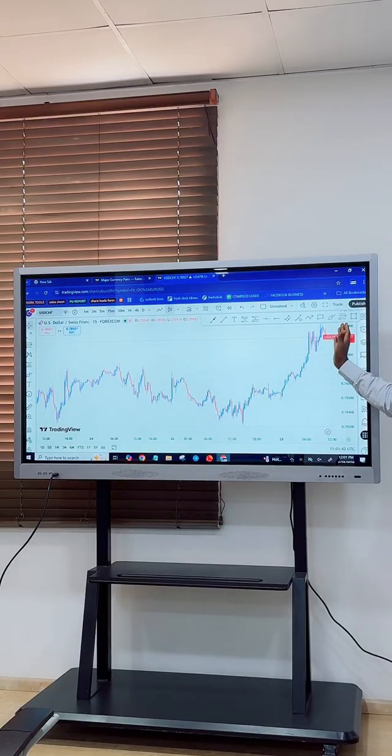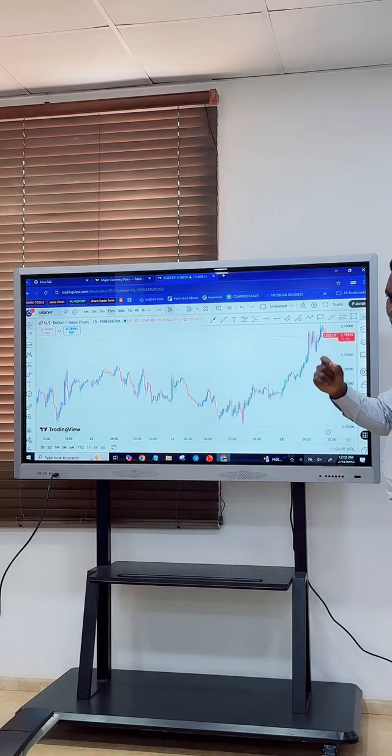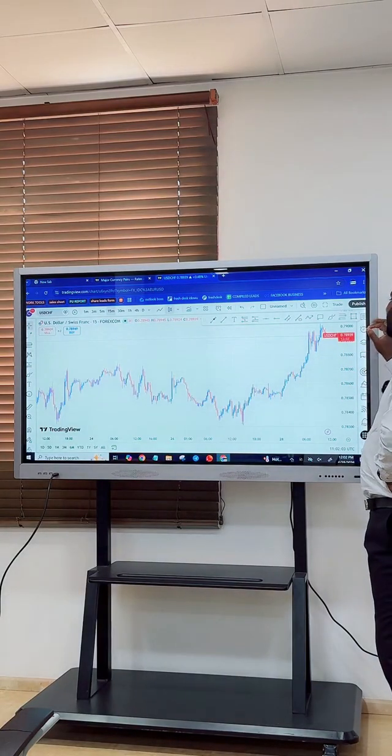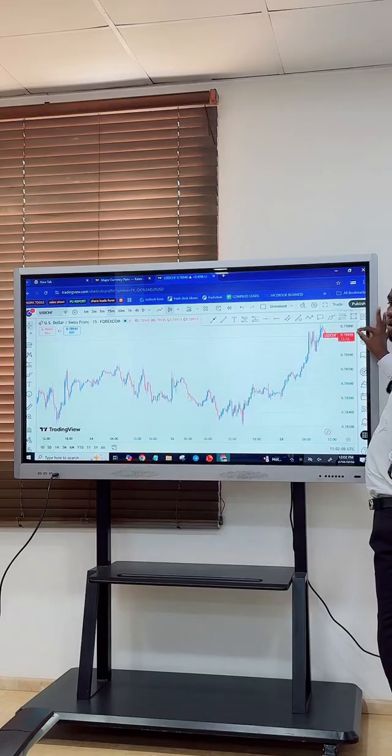Now this is an uptrend, right? So in this market, what we'll do is to buy. We cannot be selling. When the market is going up, what we'll do is to buy. So if you want to buy, the actual market price is 0.78931. Now the ask price, which is the buying price, is going to be slightly below this.